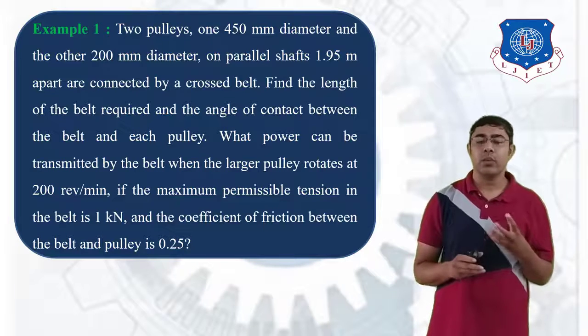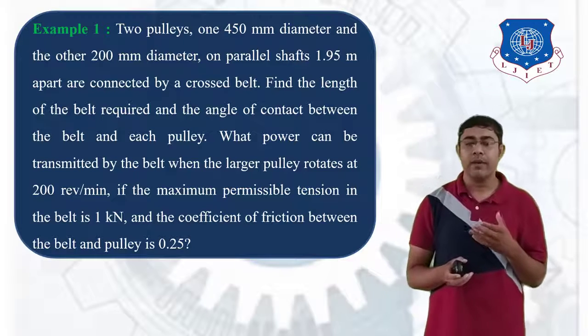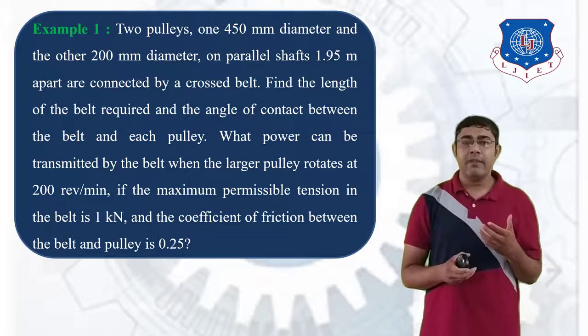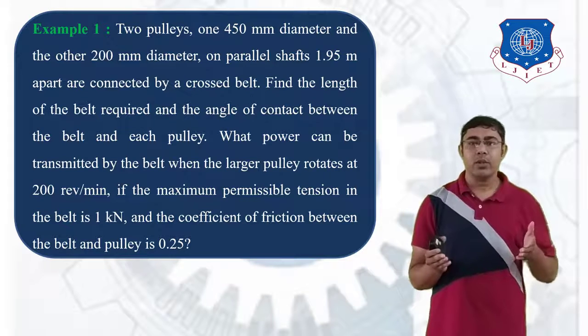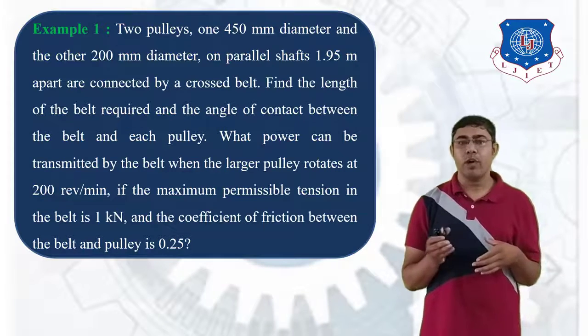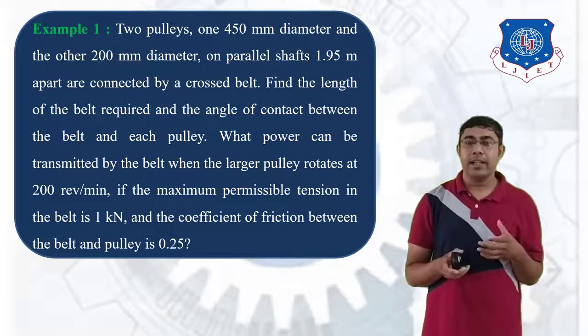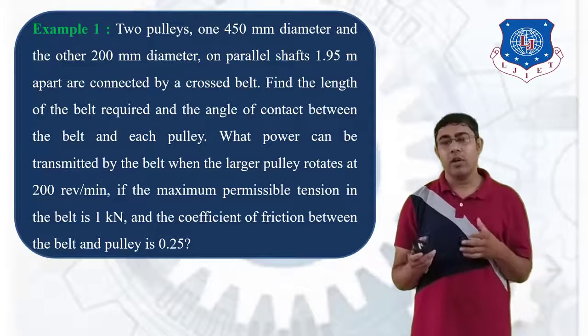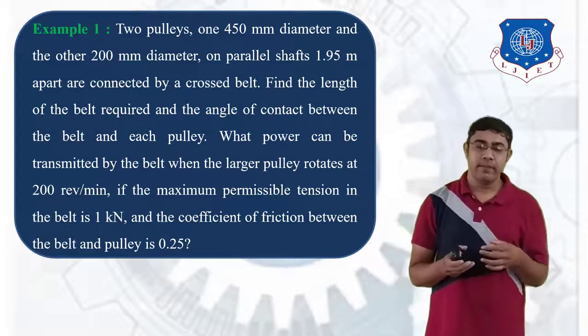Here two pulleys are given: the bigger pulley has a diameter of 450 mm and the smaller pulley has a diameter of 200 mm, and the center distance between these two pulleys is 1.95 meters. Find the length of belt required and the angle of contact between the belt and each pulley.